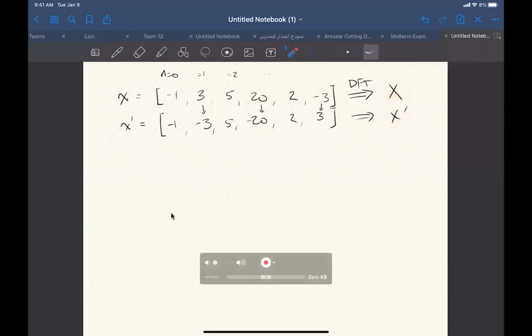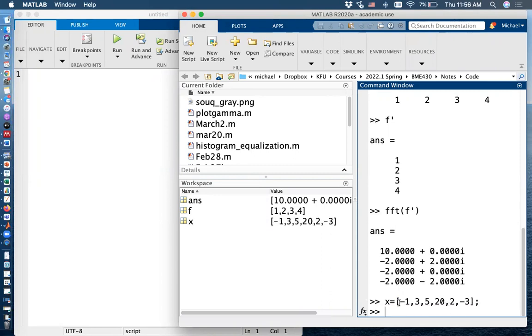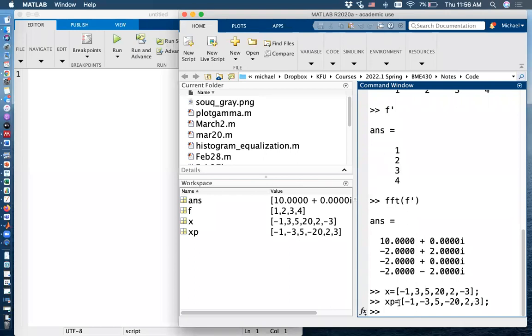So let's look at this in MATLAB to demonstrate. So the values we had were, let's say, x equals -1, 3, 5, 20, 2, -3. And xp, we'll just type it manually: -1, -3, 5, -20, 2, 3. Now we'll take the FFT of x and show it here.